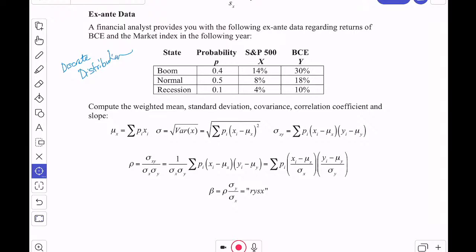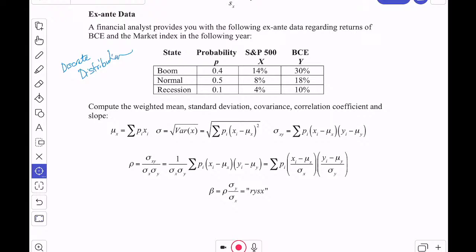And these are their likelihood. So the possibility of a boom, when the economy does well, an expansionary phase of the economy, then it looks like S&P will return 14% and BCE 30%.